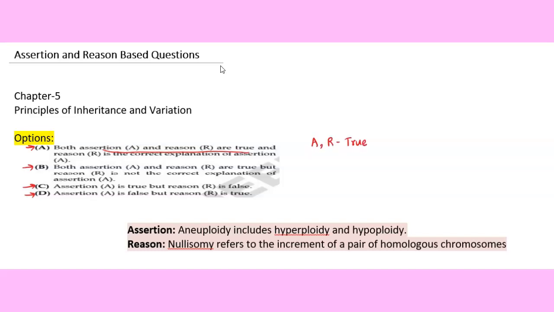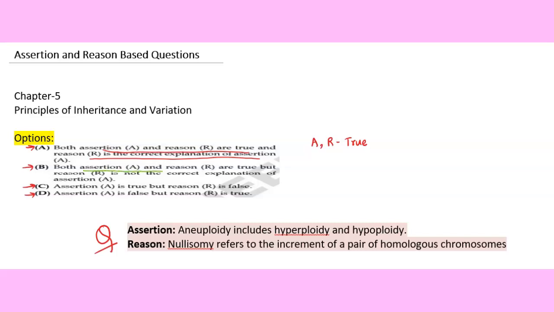A for assertion, R for reason, and reason is the correct explanation of assertion. So here underneath a question has been written by me, and in this question, if suppose we find out A and R are true and the reason given is the correct explanation of assertion, then in this case we will be picking option A as the answer.